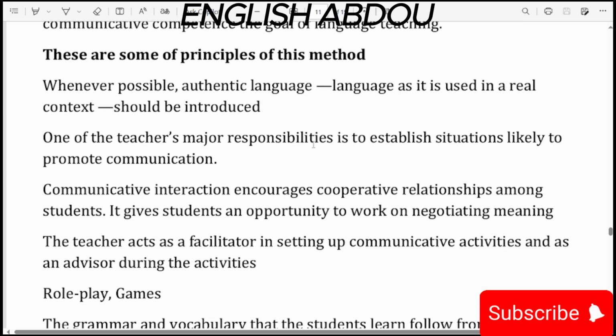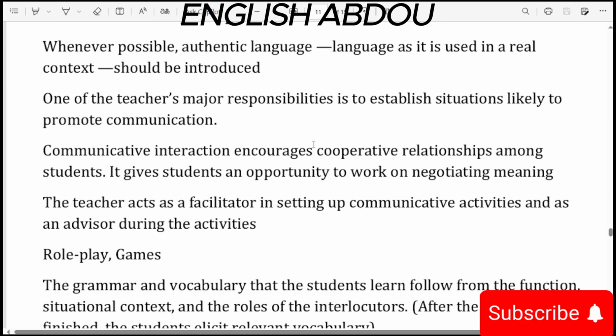Okay, whenever possible, language as it is used in real context should be introduced. It means you can use authentic language as it is used in real life, in general contexts: asking for help, making requests, apologizing, making promises, etc. One of the teacher's major responsibilities is to establish situations likely to permit communication.